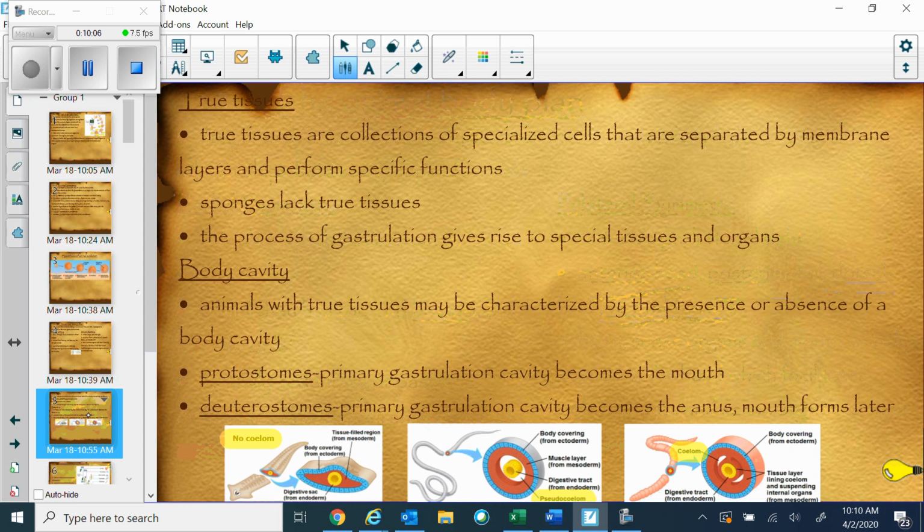True tissues, major advancement. Tissue, if you remember by definition, is a group of similar cells working towards a similar function, separated by membranes. You're starting to see how there's an architecture to these animals. If you look at a building, think of just a general warehouse, four walls and a roof and a floor, nothing in it.